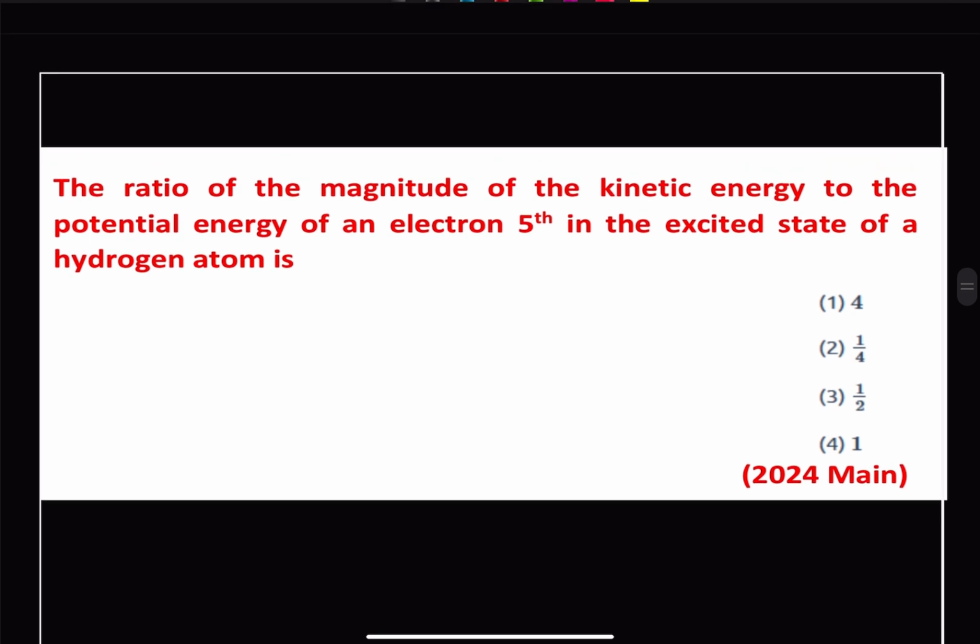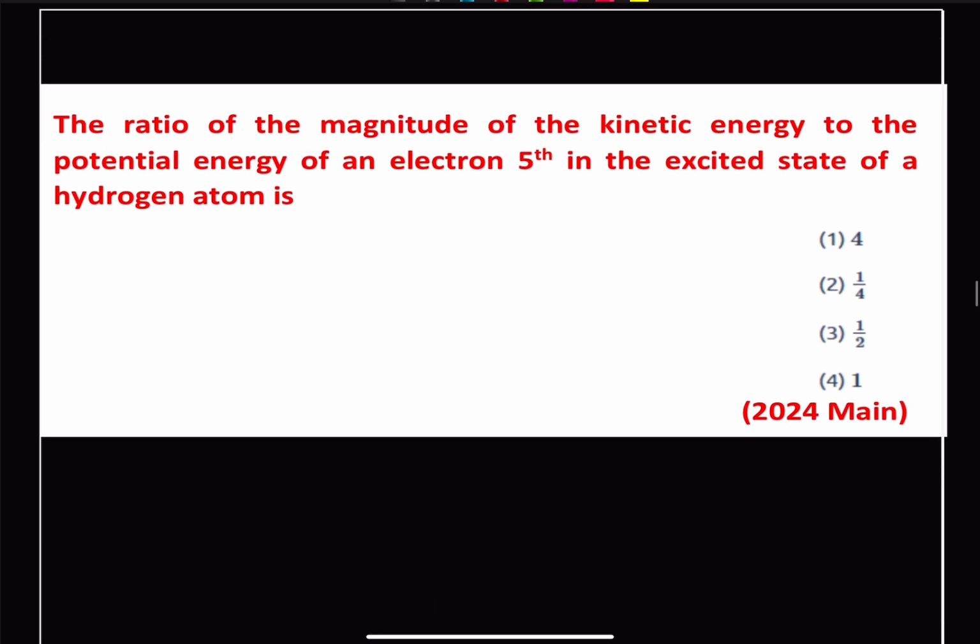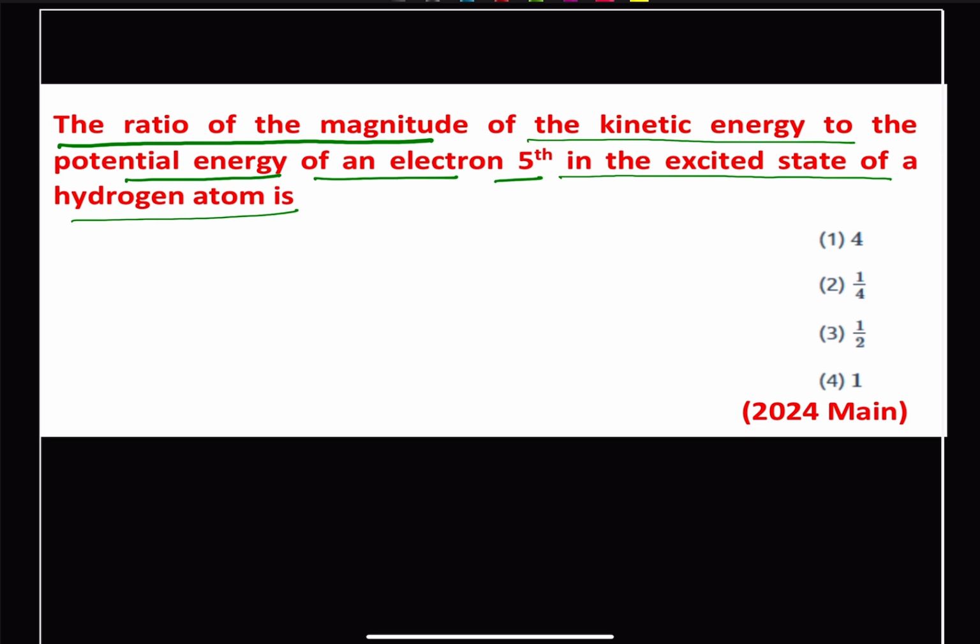It states that the ratio of the magnitude of kinetic energy to the potential energy of an electron in the fifth excited state of the hydrogen atom is. So we are given that it is in the fifth excited state.